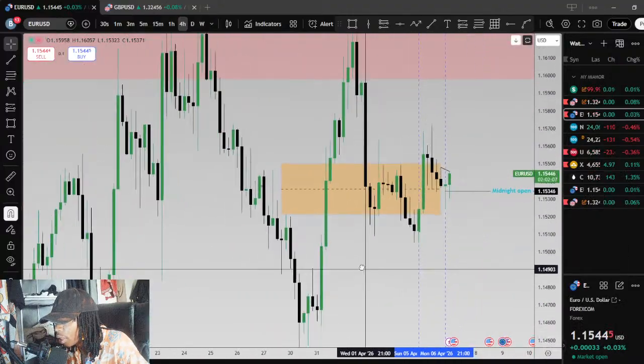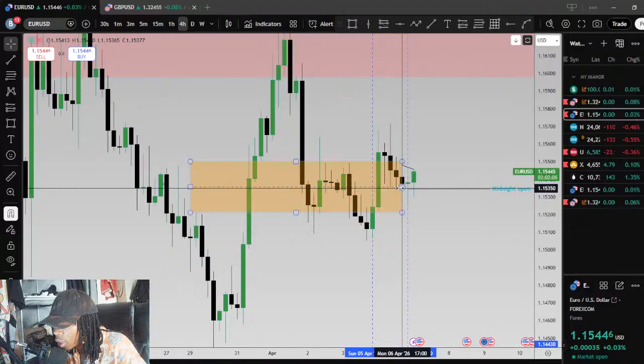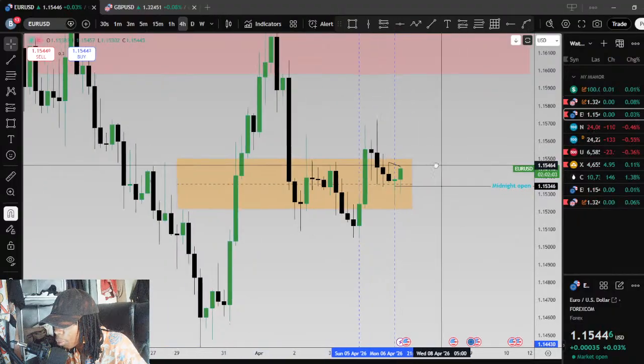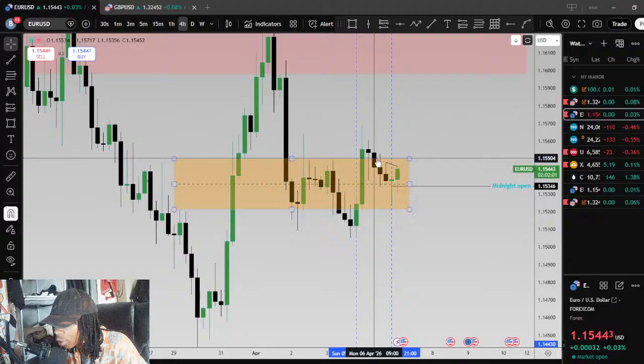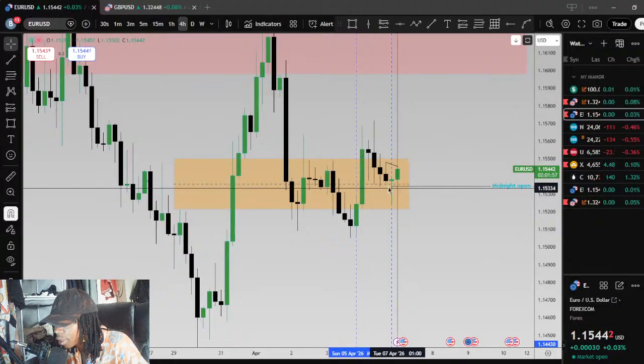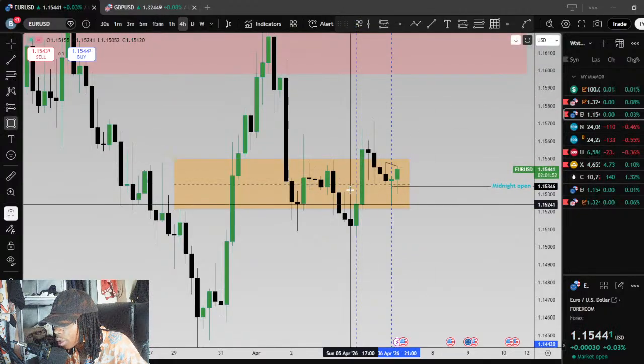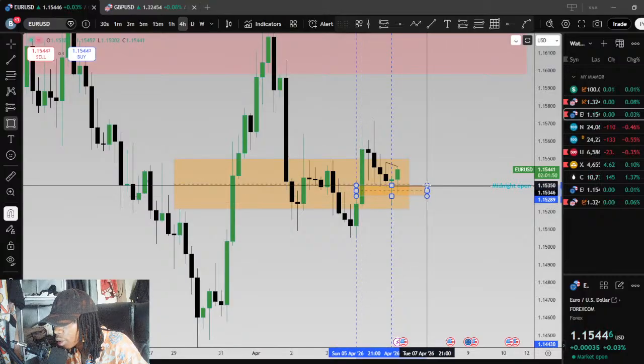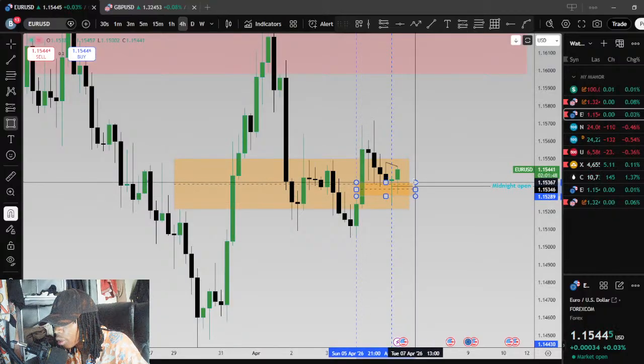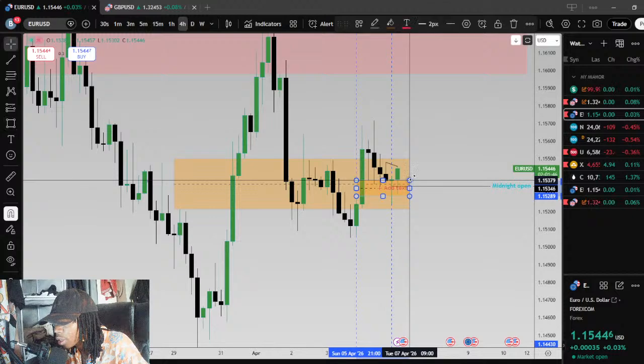You can see how all these down close candles, how they are respecting the consequent encroachment, now closing below it. And also something to add, look at this, it's a 4 hour.